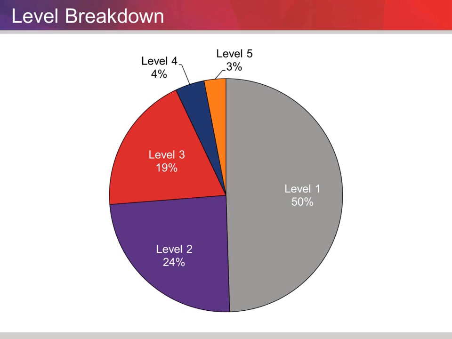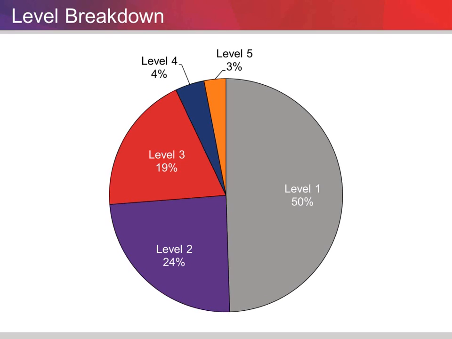Among the organizations that have already used the maturity model, a wide range in terms of size, vertical market, and invoice volumes, you can see that half of the respondents fall in level 1. This is that paper-based environment that all of us lived in several years ago.